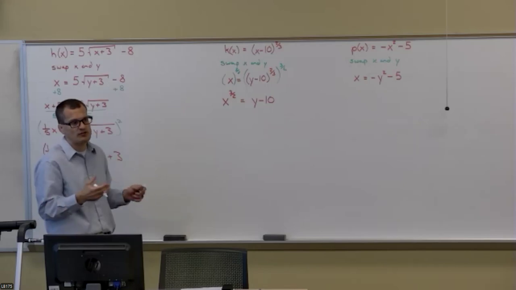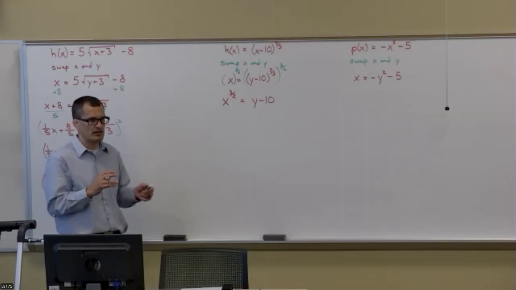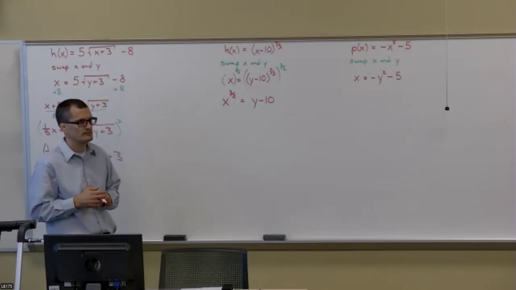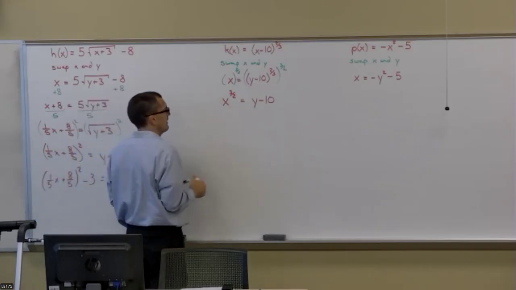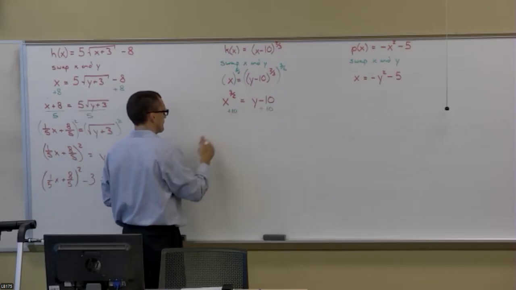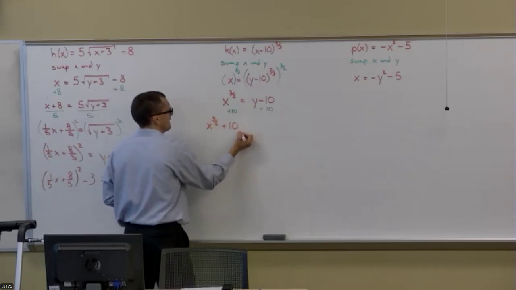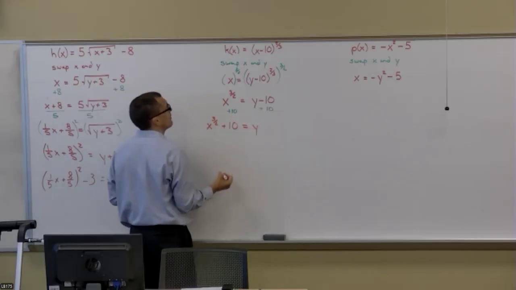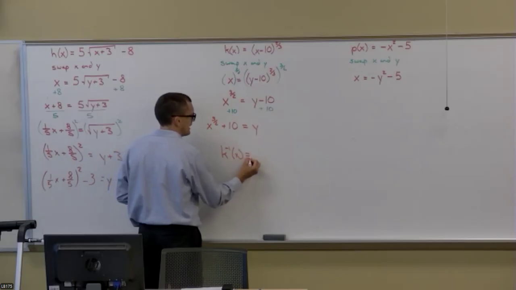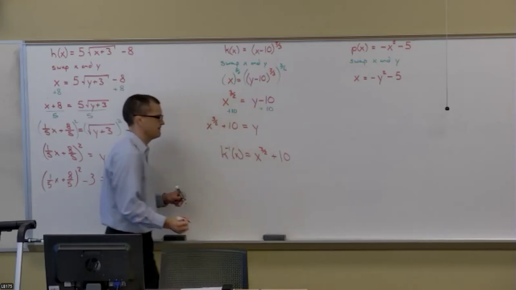By the way, again, when you do that, you have to be careful about the values of y and the values of x we're taking on. Otherwise, strange things can happen. So this is on some restricted domain. And then just add 10 to both sides. So we get x raised to the 3/2 power plus 10 is equal to y, which means the inverse function of k of x is x raised to the 3/2 power, then plus 10.